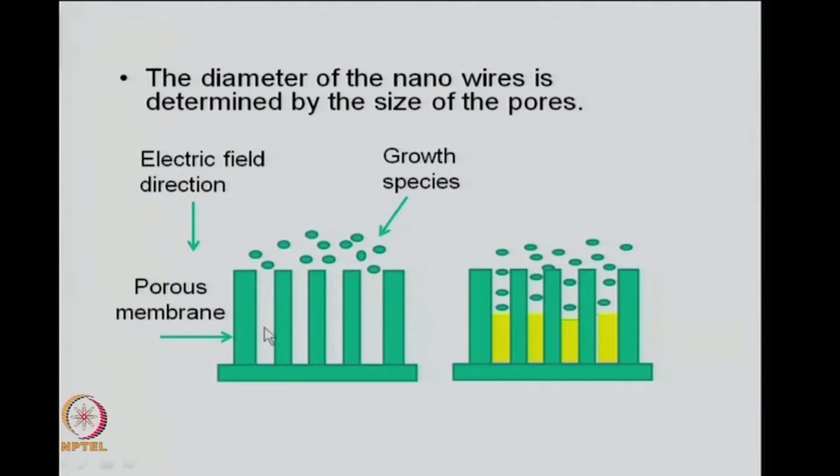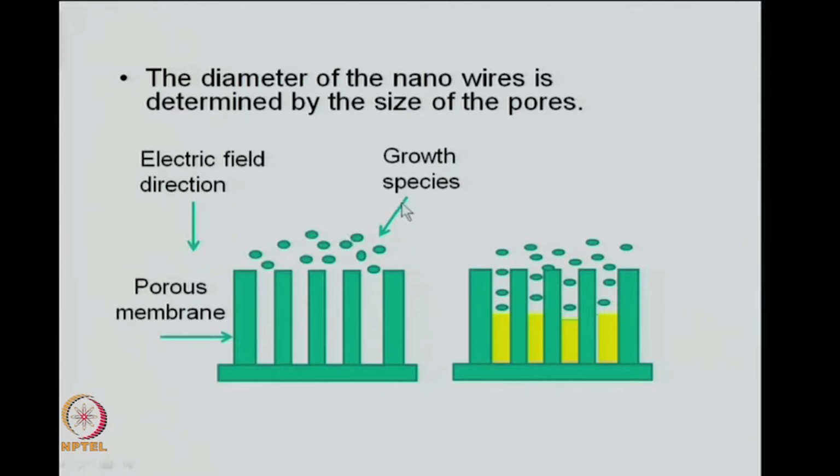If you want 2 nanometer or 5 nanometer wires, then that should be the dimension of these cylindrical pores. So, you have this template and a bottom working electrode, as discussed before, which is required to hold this template, and then you have your species in solution which you want to grow in this nanoporous structure.